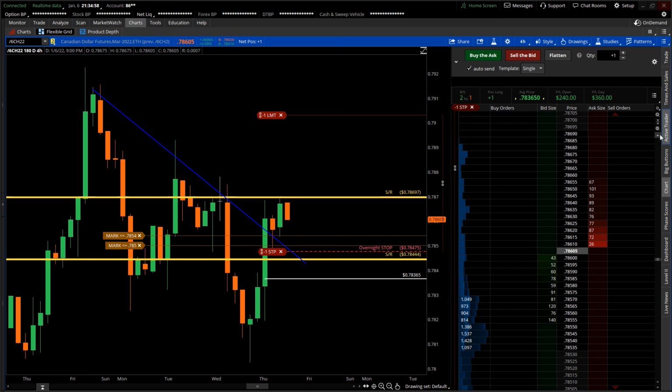So that's the update. And yeah, hopefully this mid-level will hold and break above this in the early morning hours. So I'll pause it for now. I'll most likely do one more update.